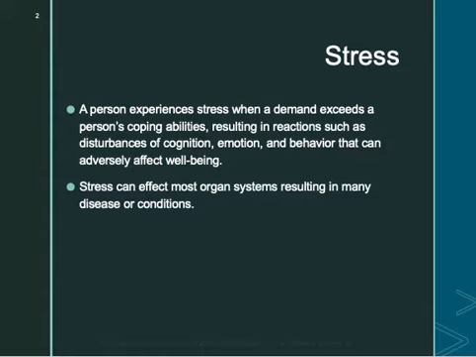Stress definitely has a significant effect on different organ systems, whether it's your cardiovascular system, your immune system, your hormones, etc. But once again, it can lead to many different diseases or conditions, whether it's a physiologic condition or a psychologic condition as well. So it's really an integrated process of a physiologic and psychologic response, essentially, to stress.